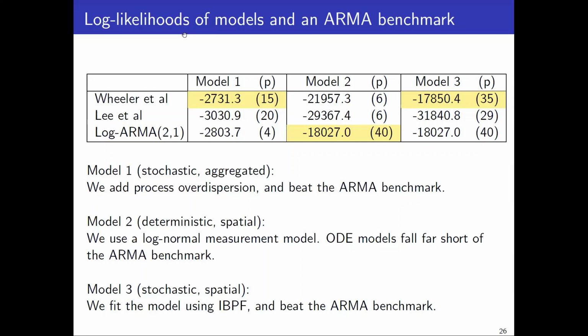And it's really not unusual for the constraints you add to mean that your model doesn't fit the data anymore. This is particularly the case with the ODE model. Model 2 is an ordinary differential equation model. Any ordinary differential equation model for this data is just not going to fit as well as an ARMA model.